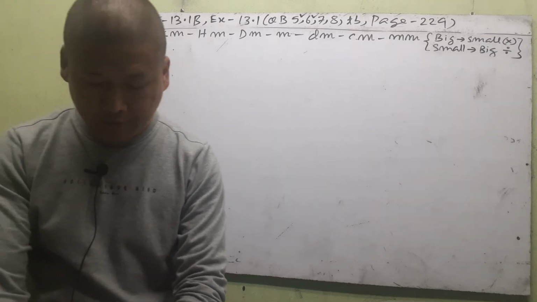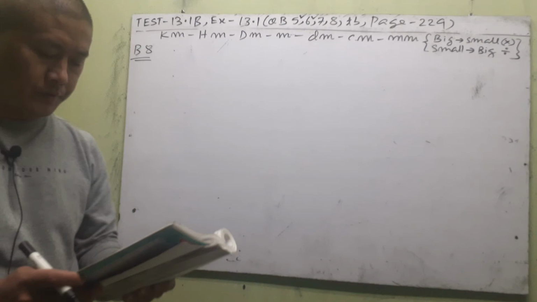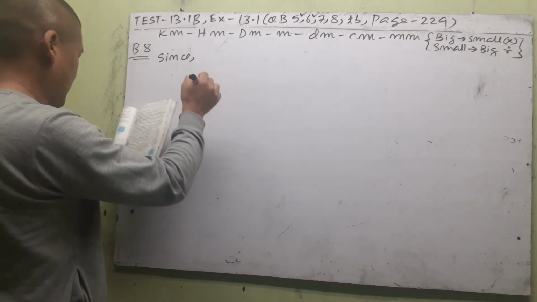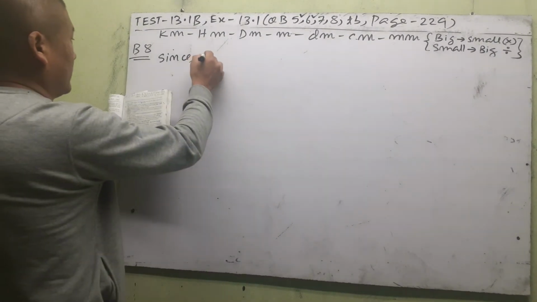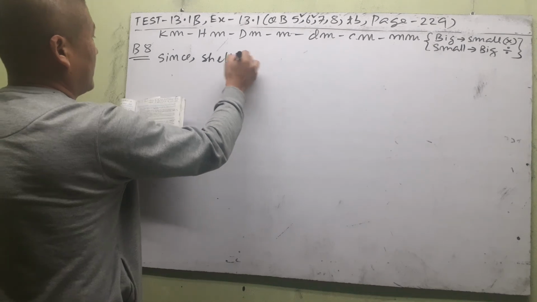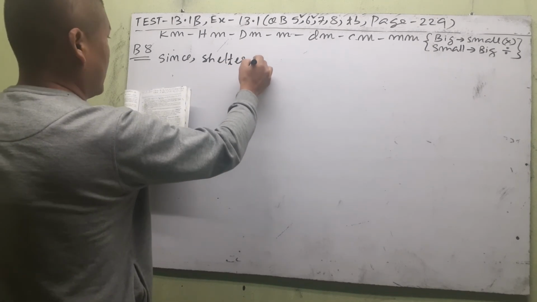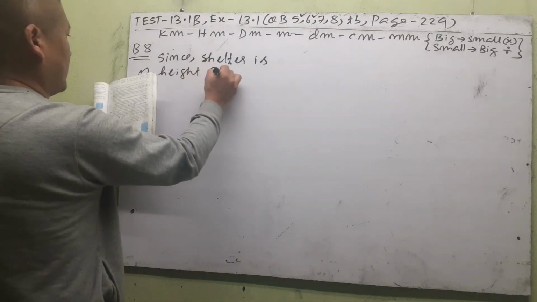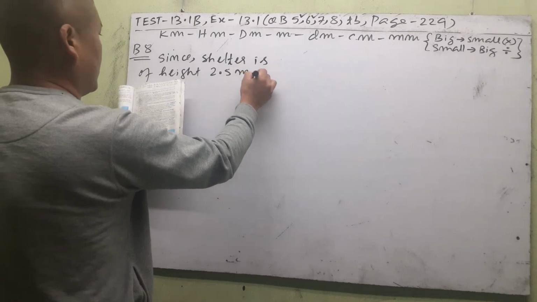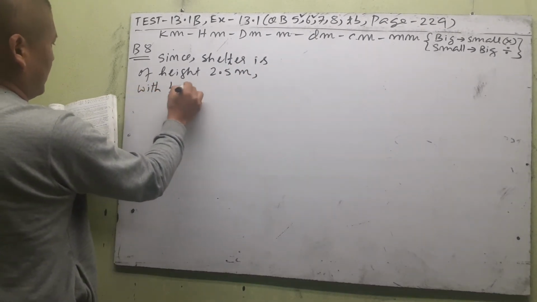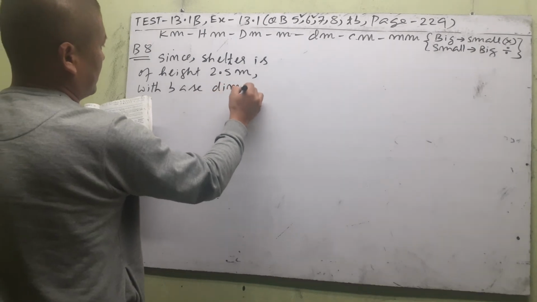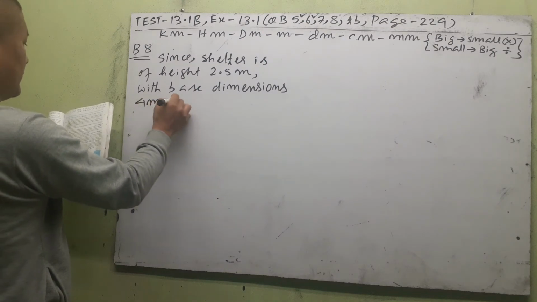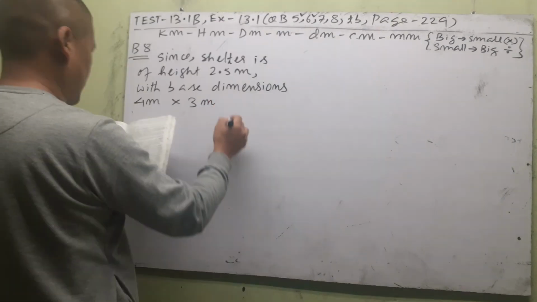Height 2.5 with base dimension 4 meter into 3 meter. Since the shelter, according to question, is of height 2.5 meter with base dimensions 4 meter into 3 meter.